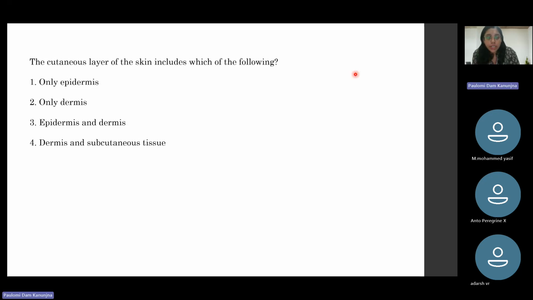Okay. So the cutaneous layer is present in the epidermis and dermis, the first and the second layer.